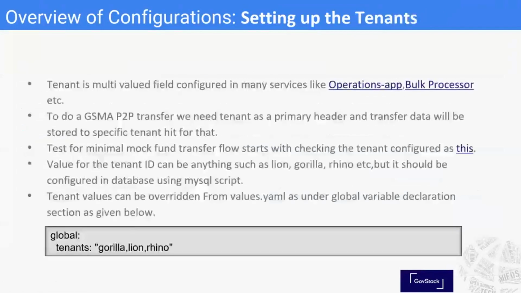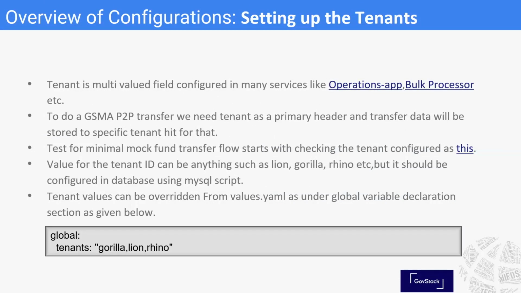When we talk about setting up tenants, a tenant is a multi-valued field configured in many services like the operations app and the bulk processor we talked about, because there may be multiple tenants talking to multiple services. One tenant could be talking to all the services that may be required, because for example, one tenant may need to be configured not just to do bulk payments, but also to generate vouchers. They may also be registered for carrying out bill inquiries and such.